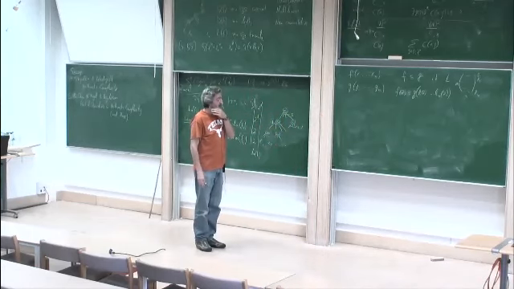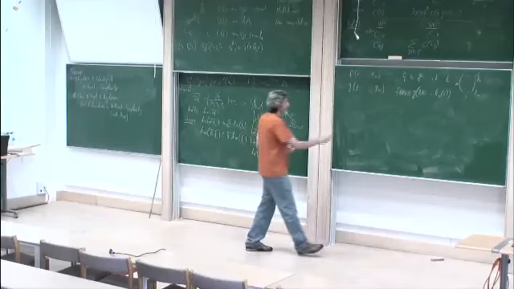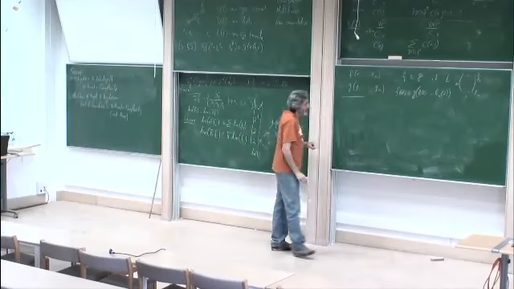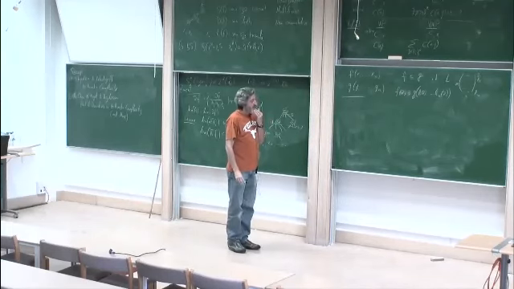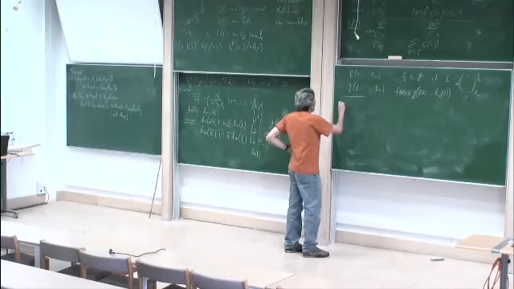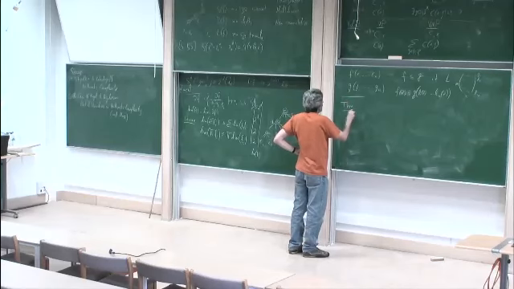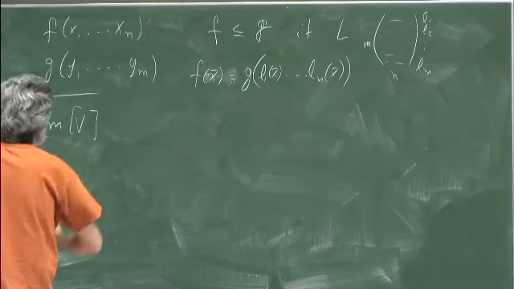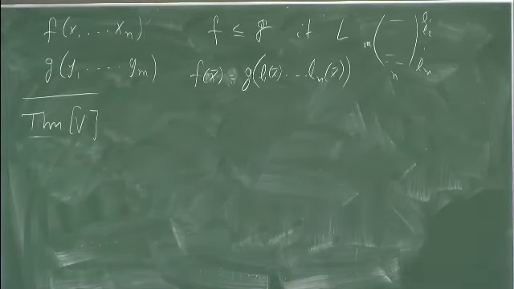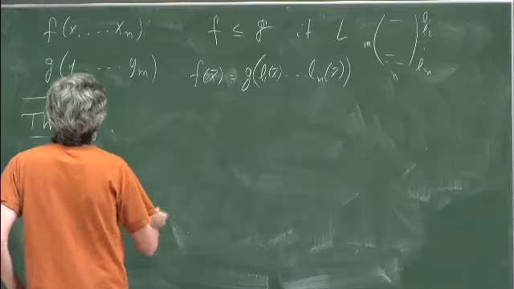Now here's the amazing thing that Valiant proved. He proved that the permanent is complete for this class VNP. So everything that can be efficiently computed in this class can be projected to the permanent. Let me write it down.